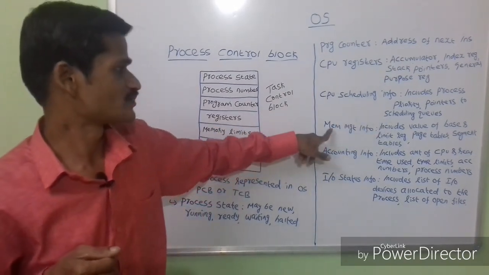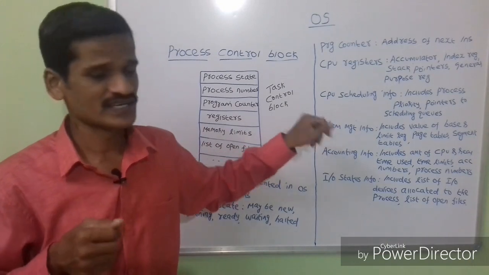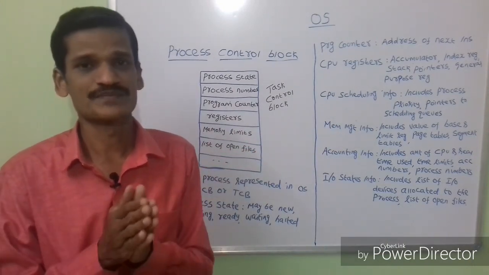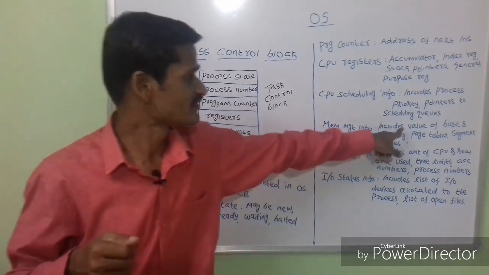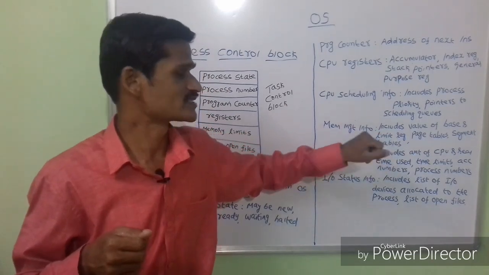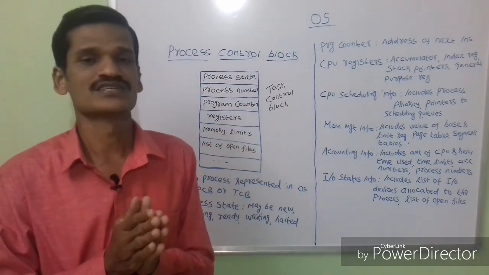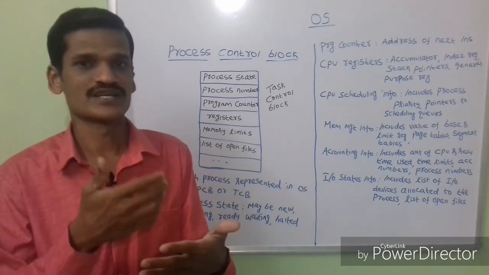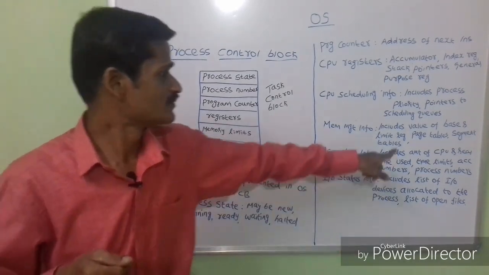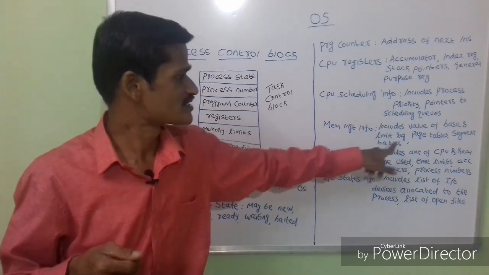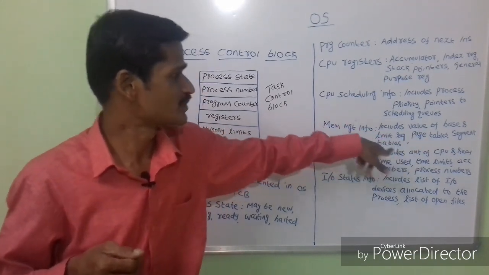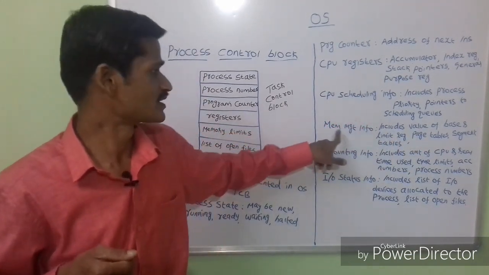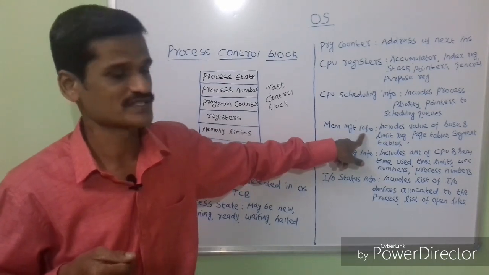The next parameter is memory management information. Here we manage the memory by using the value of the base and limit registers. We are using two registers, the first one is the base register and the second one is the limit register, and also page tables and segment tables. These are the very important parameters under memory management information.